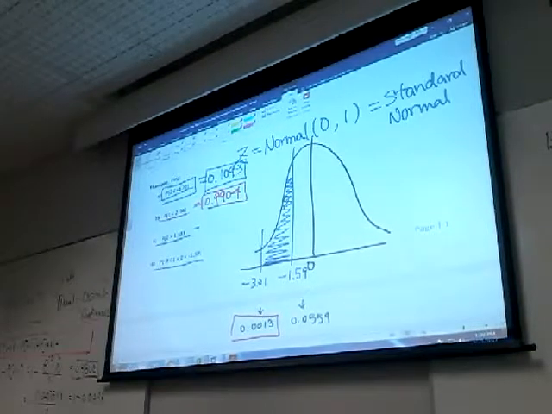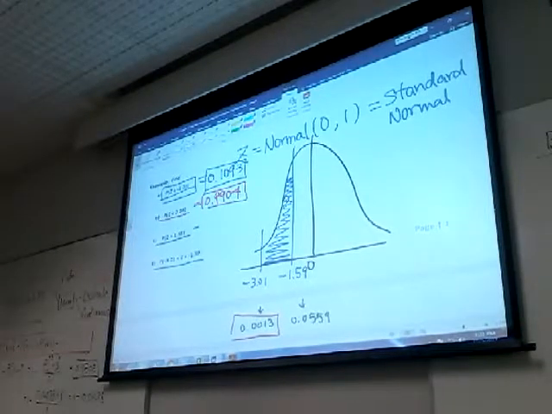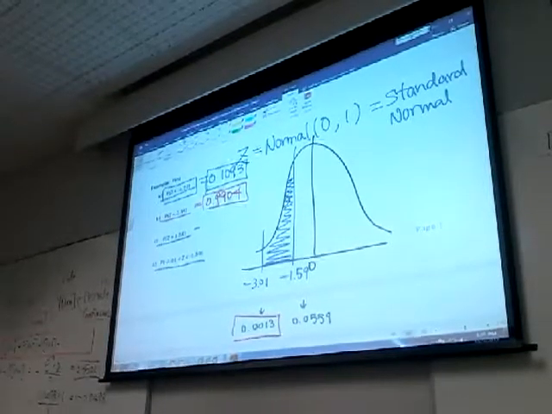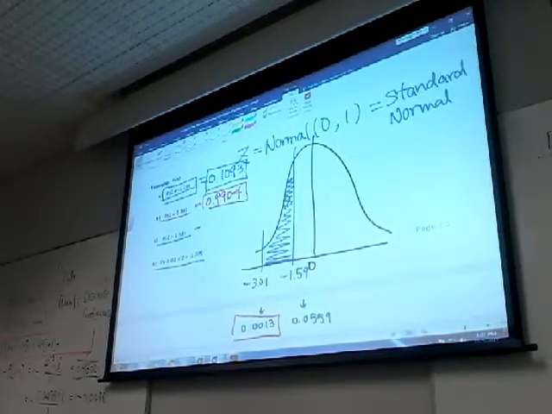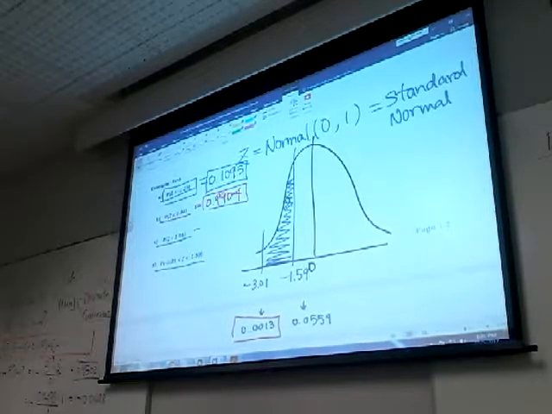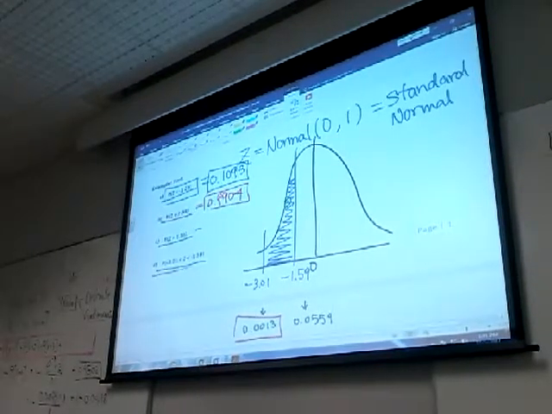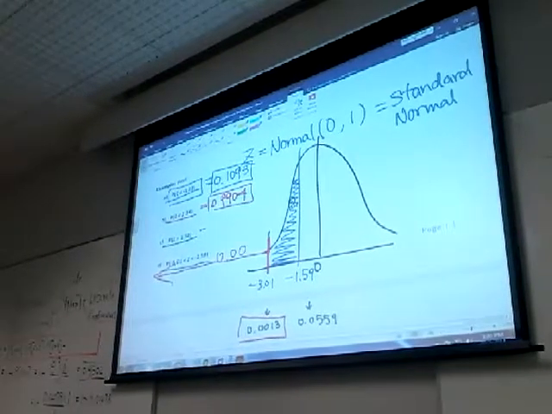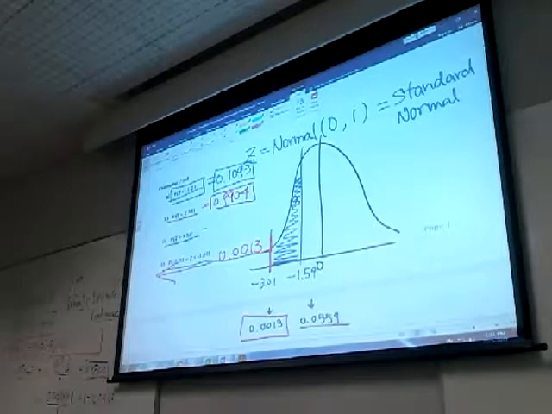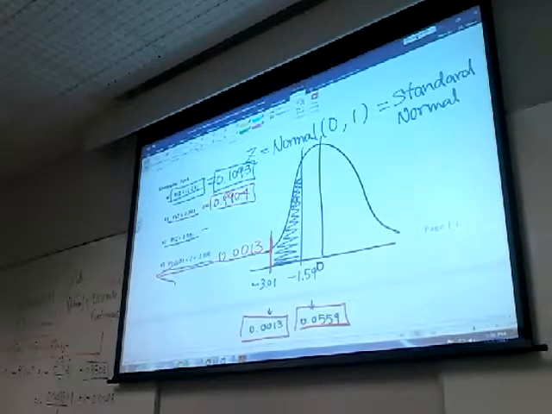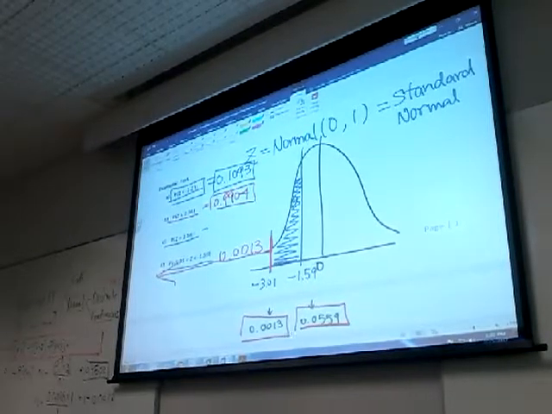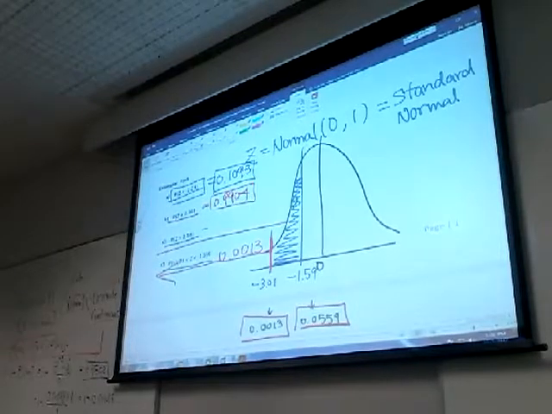To the left. Remember, the Z table always gave us the left-hand side of probability. From negative infinity up to negative 3.01, there is a probability 0.0013. Where is the other probability, 0.0559? Left-hand side again, up to negative 1.59.